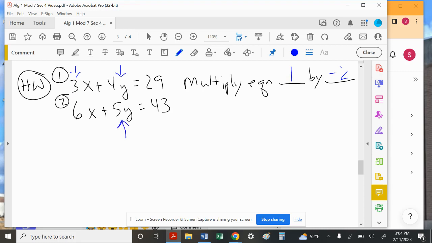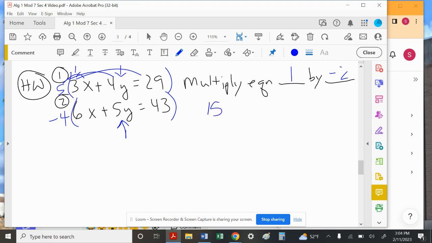Let's say that I told you you had to eliminate the y first. Well, then I would multiply the first equation by 5 and the second equation by -4. Now, why would I do that? Because 5 times 4 is 20, and 5 times -4 is -20. That would cause these to cancel. So if I do that, again, this isn't necessarily the ideal best way, but it will work.